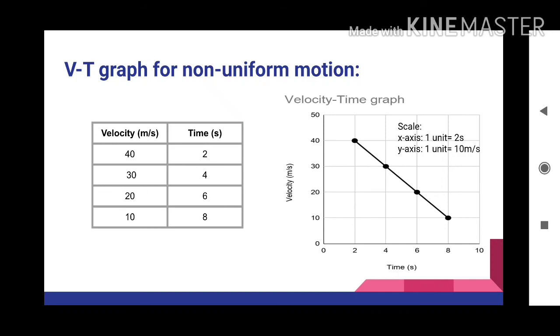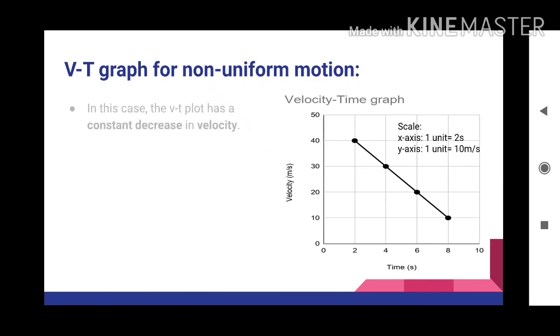So 2 seconds corresponds to 40 meter per second, the first point. 4 seconds corresponds to 30 meter per second, second point. 6 seconds corresponds to 20 meter per second, third point, and 8 seconds corresponds to 10 meter per second. This is the VT graph with a negative slope, or retardation, or deceleration. Here the body has a constant negative acceleration.